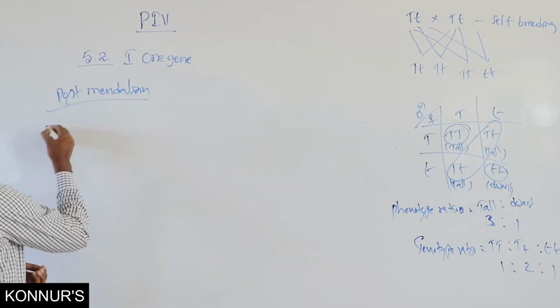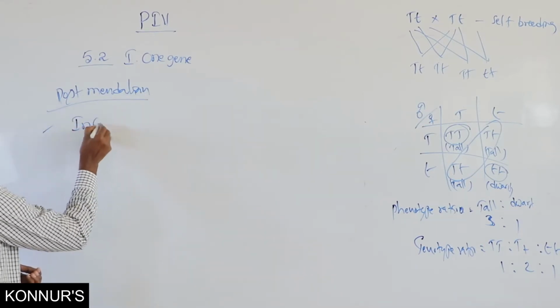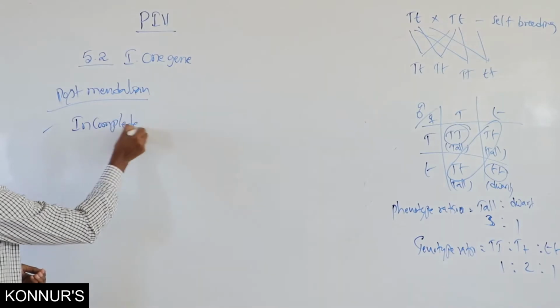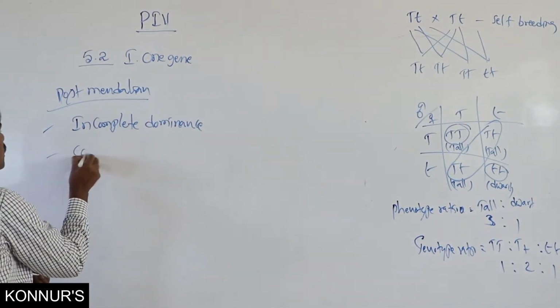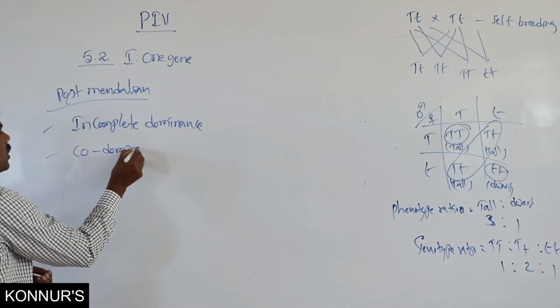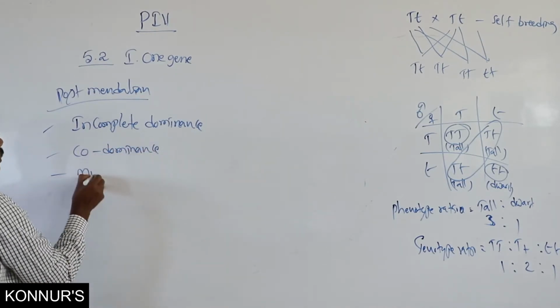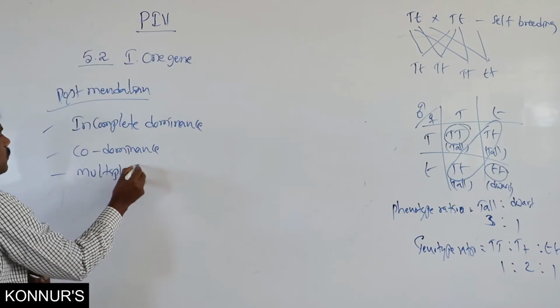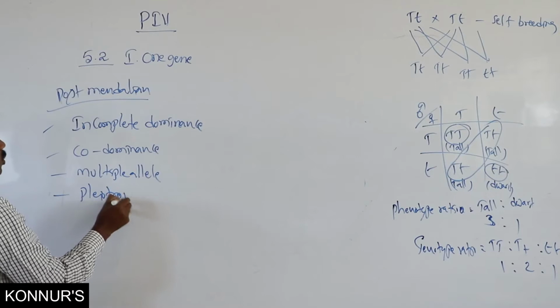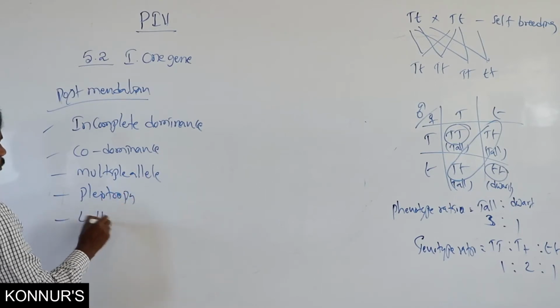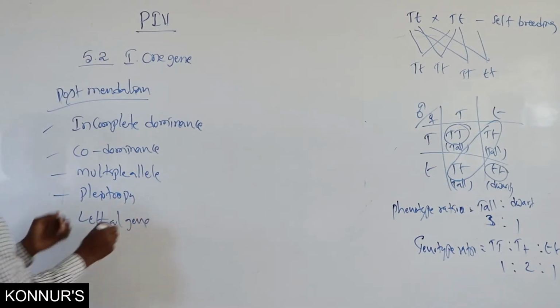In this post-Mendelian category: incomplete dominance, then codominance, then multiple alleles, then pleiotropy, then lethal genes.